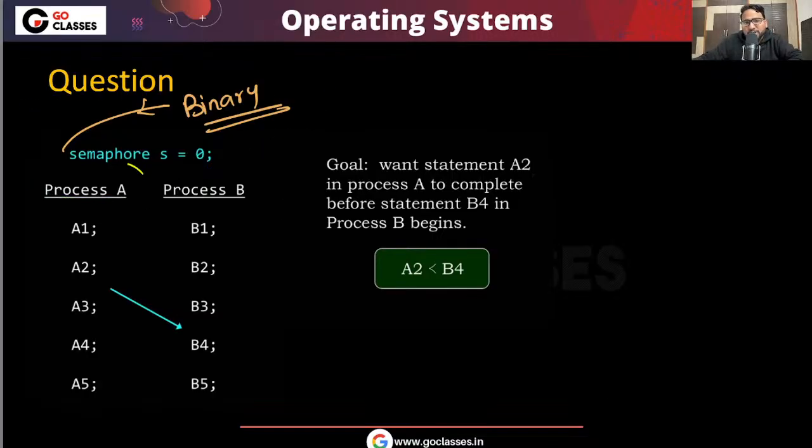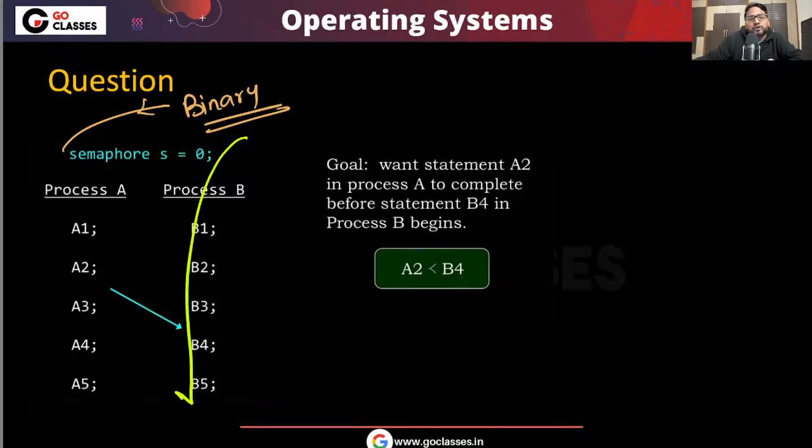Now there is a process A and a process B. These are the two processes that we have. Our goal is to execute statement A2 in process A to complete before the statement in process B. So they want this first and then this. Can you tell me what setting we need to do to make sure of this?